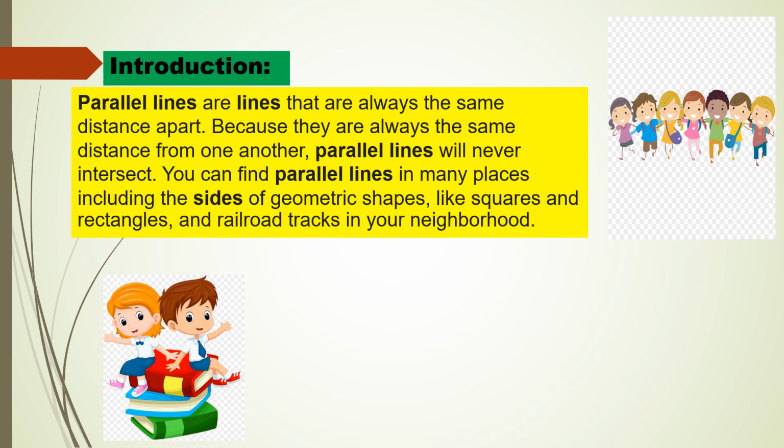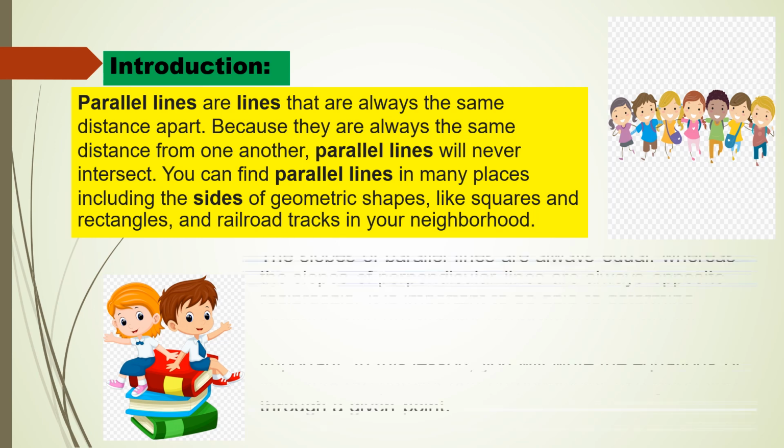Parallel lines are lines that are always the same distance apart because they are always the same distance from one another. Parallel lines will never intersect. You can find parallel lines in many places, including the sides of geometric shapes like squares and rectangles and railroad tracks in your neighborhood.